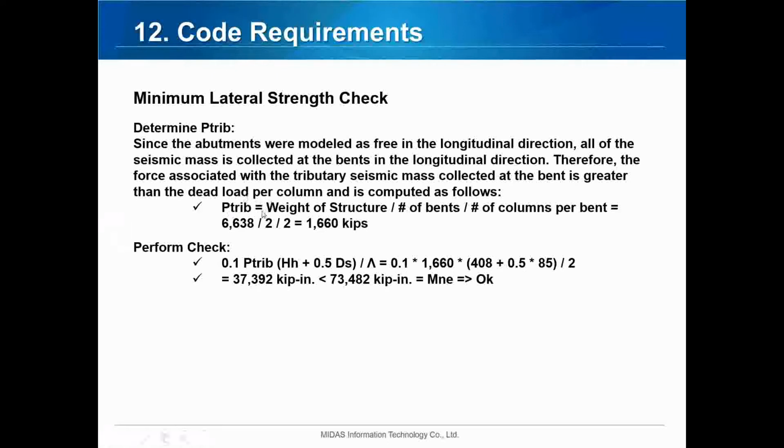And so we computed that based on the weight of the structure, the number of bents, and number of columns, and we came up with 1660 kips. And so to perform our check, we came up with 37,393, which was less than 73,482 kip inches. And again, we were okay.